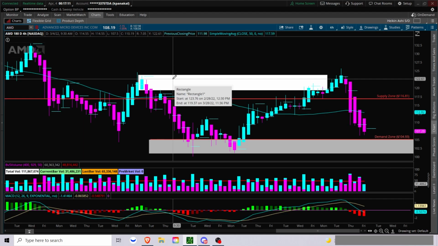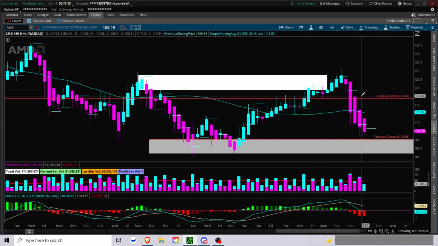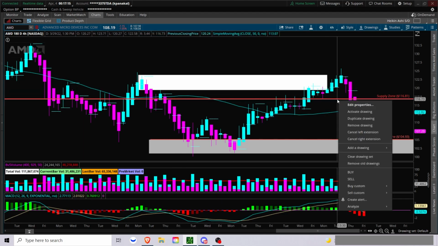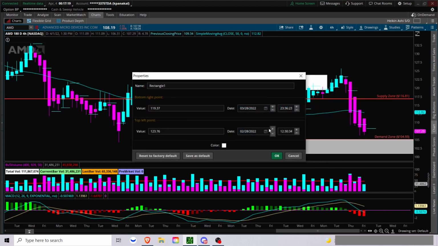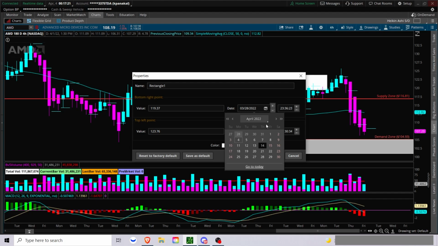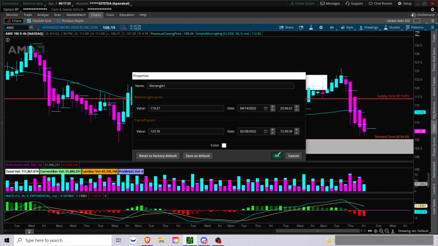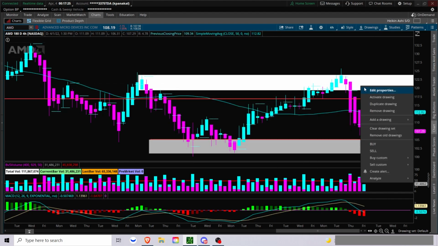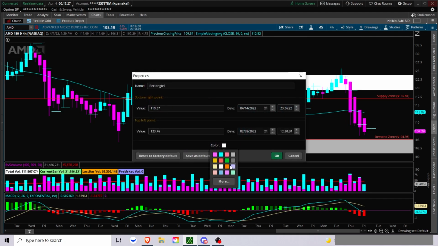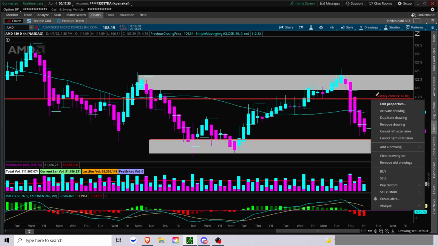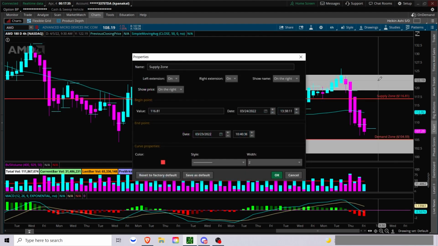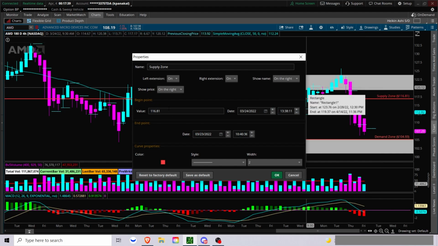And we do theoretically have the supply zone right over here, but let's see. Let me try to extend this. Starts at 123.76.